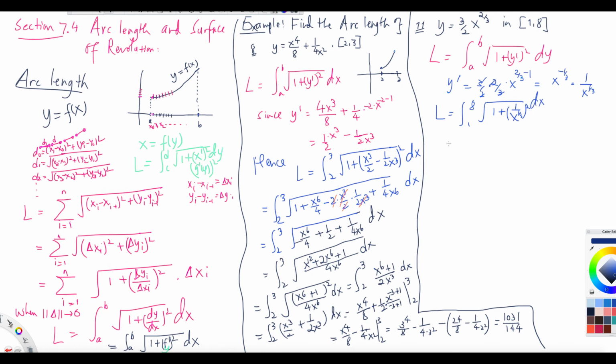So what you get from here is the integral from 1 through 8 of the square root of 1 plus 1 over x to the 2/3, and then dx. You see that? Now I'm going to simplify this. There is 1 in the denominator, so the denominator will have x to the 2/3, right?